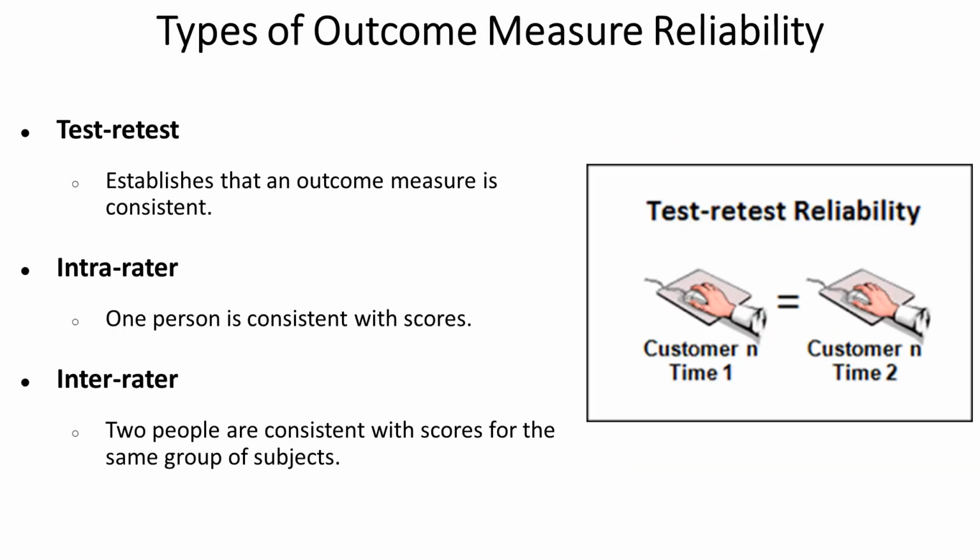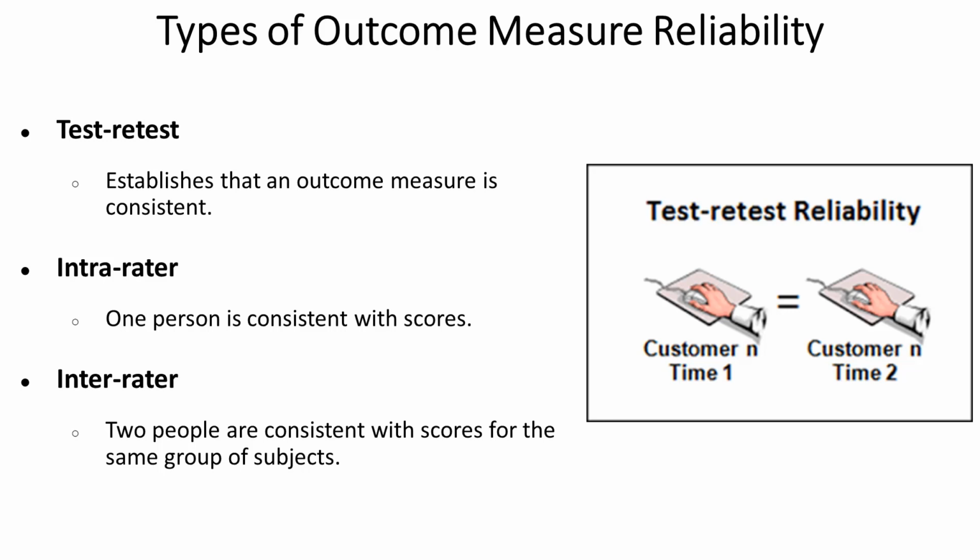We're going to start first by talking about types of outcome measure reliability. The three basic types that we're going to talk about are shown on this slide. What you see in the picture on the right-hand side of the slide is something called test-retest reliability. That means if you have one person that takes the test at one point in time and then they retake the test at a later point in time, you're going to get about the same answer.